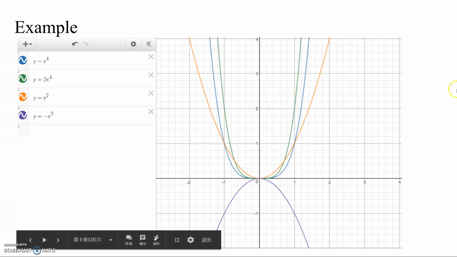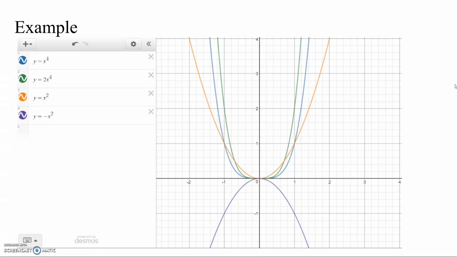So here is an example for what I just said. Let's take y equals x squared as the standard graph. As you can see, it has one root, which is (0, 0), and which is called the vertex at this point.